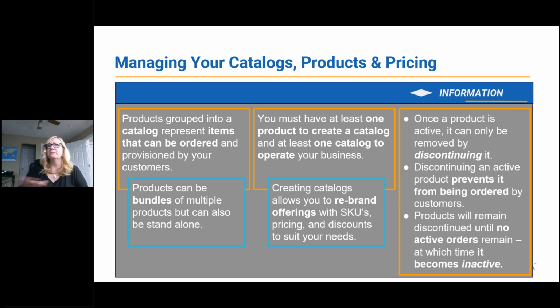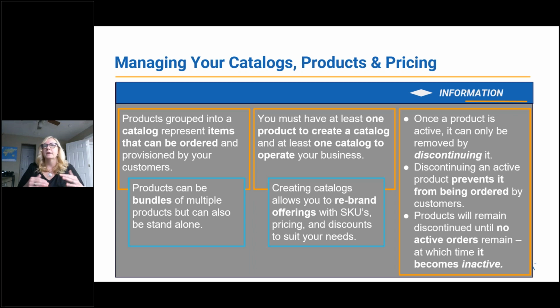So just setting a few things in the baseline here is that products, once they're created, they're grouped together in a catalog. And a catalog is what you give your customers to be able to order things, or maybe you do it on their behalf. But it cannot be ordered at the enterprise level or the SMB level or org level unless it's in that catalog.